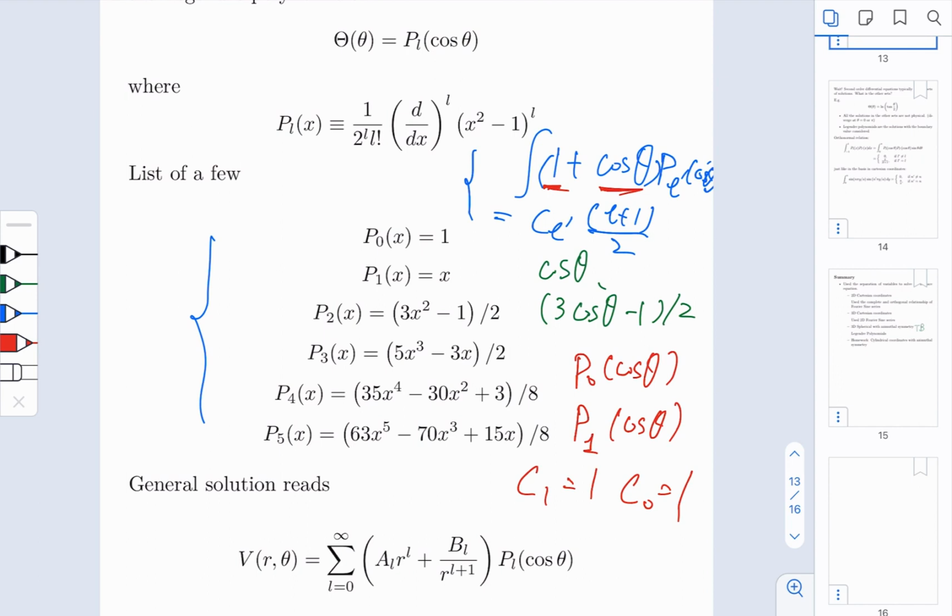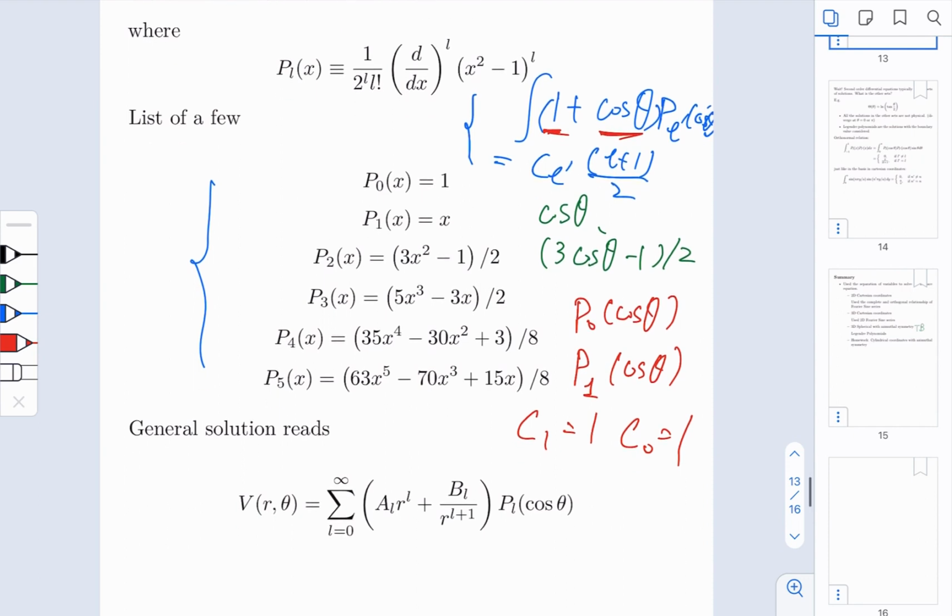So typically there is a cutoff somewhere in your problem, and we will see today that we will be dealing with terms such as cosine theta to the cube. You can see that this cosine theta to the cube is a polynomial that's limited up to the power of 3.